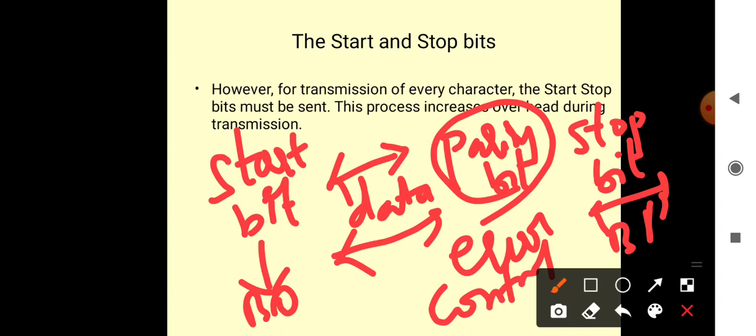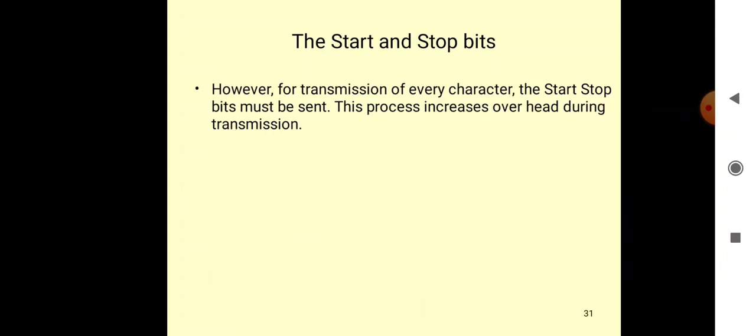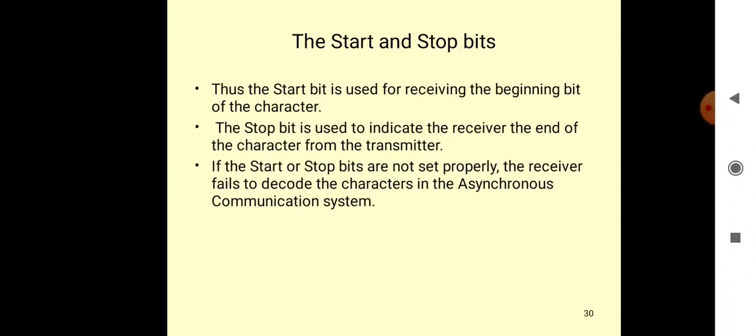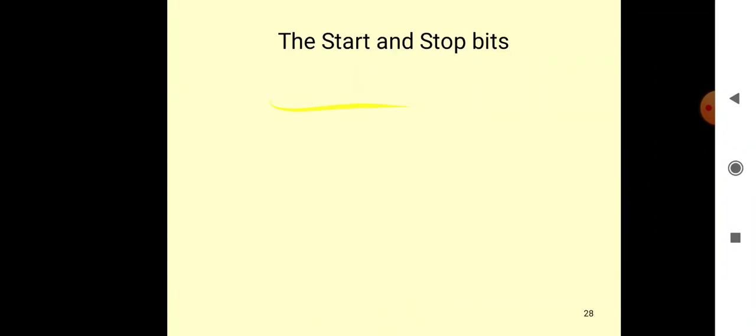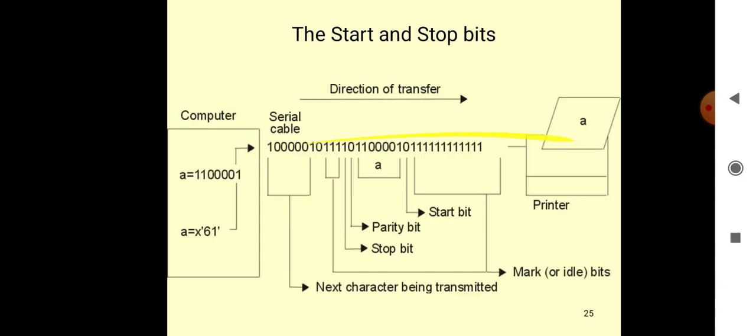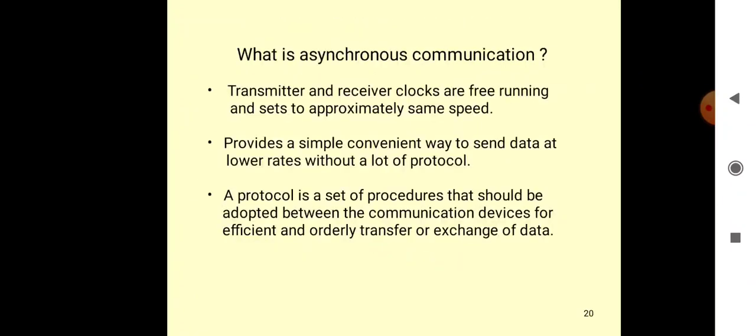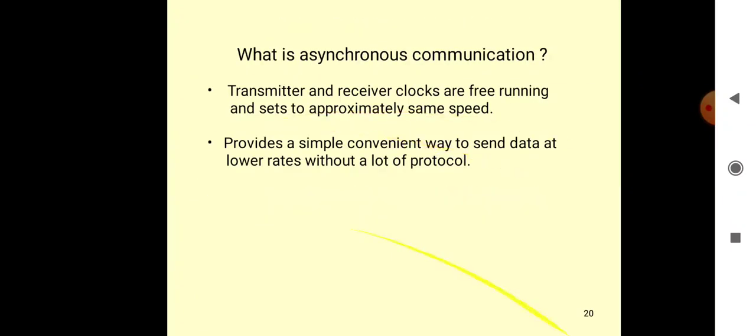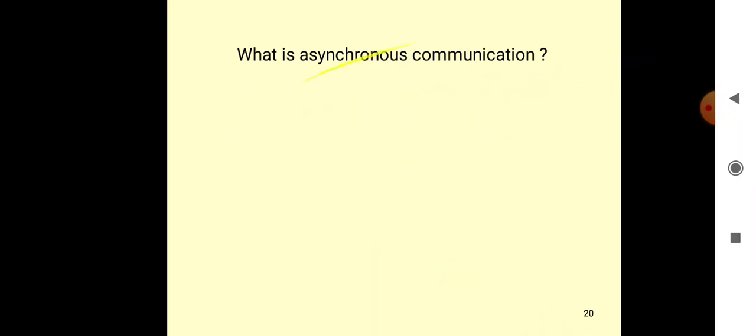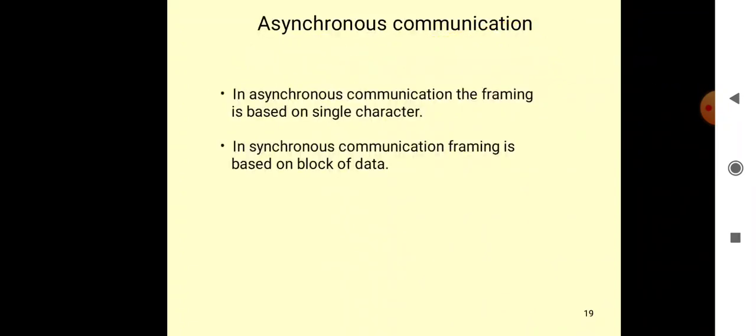Now we have the data bits, stop bit, and start bit, and the direction of flow, with sender and receiver based on the data that will be transmitted. What are the advantages of synchronous and asynchronous types of transmission? In synchronous, system complexity will be less.